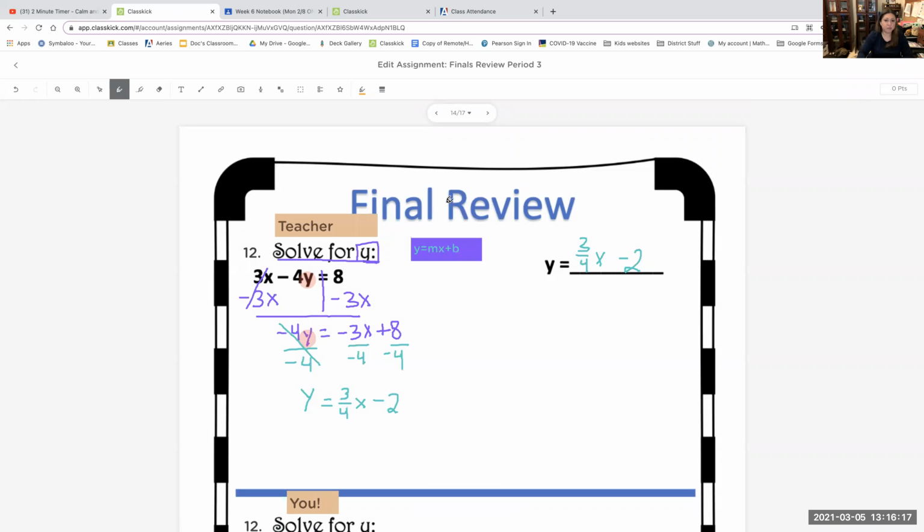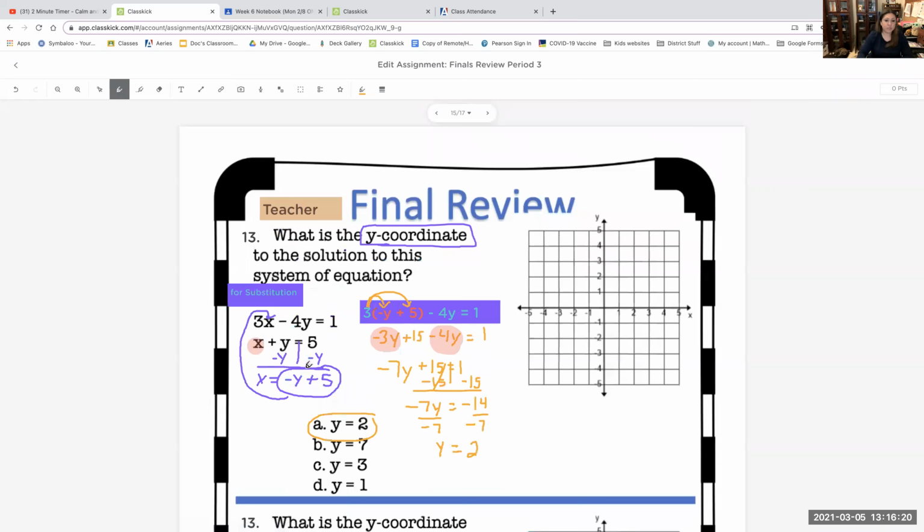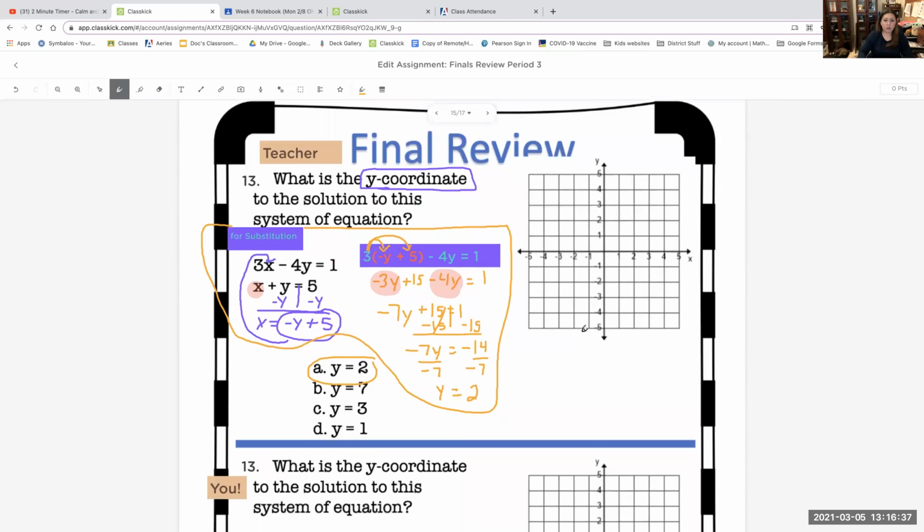It just comes down. Same thing here. Nothing happens to these guys. It just comes down. So all of this right here is substitution. If you ask me, that's more work than graphing them. So that's substitution. We can graph it now.